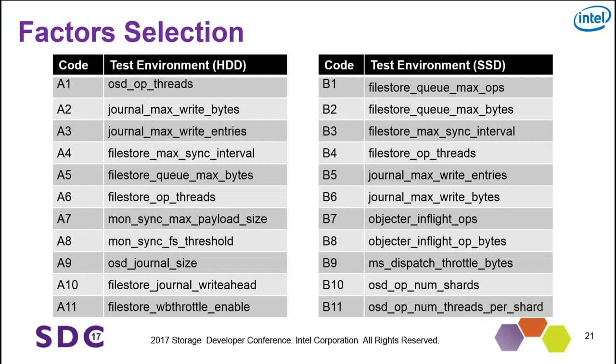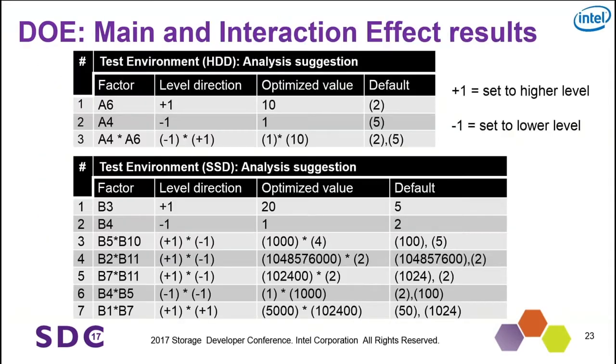Right. So what I'm getting at is, in the next couple of slides, you show that for SSDs, the number of interactions between these factors is higher. Did you find this with the experiment, or was this also provided to you by the engineer? I found this with the experiment.